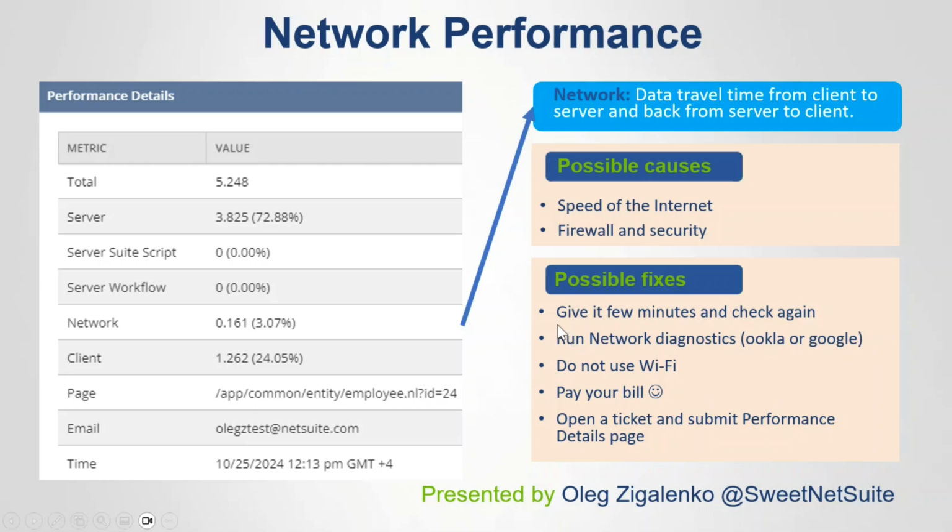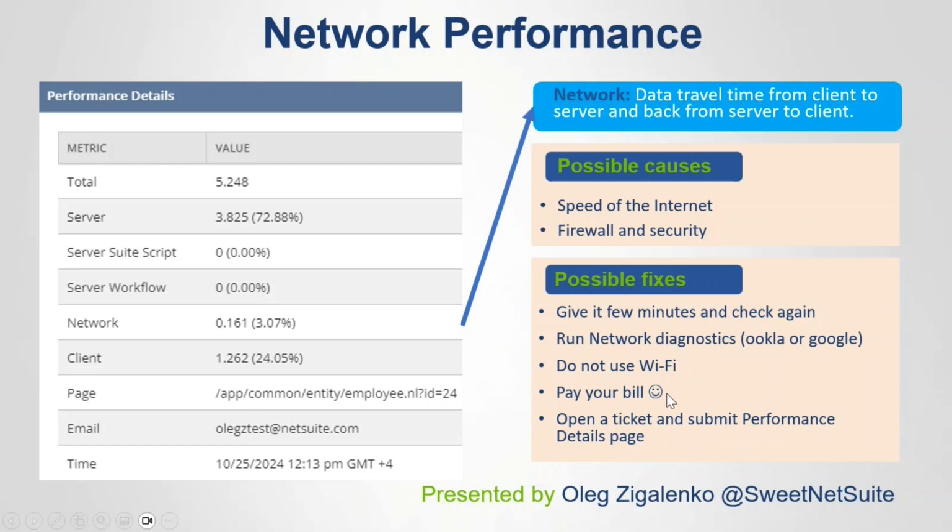So run network diagnostics. You can go on Ookla or Google and run a what-is-my-speed test, and you find out if there is an issue with your internet speed. If it is very slow, then maybe you need to get away from Wi-Fi, or it's very slow in that location, or maybe your network is overloaded. Well, you can pay your bill.